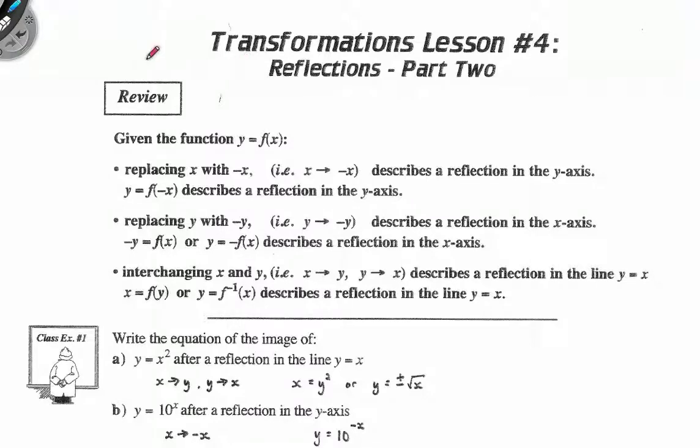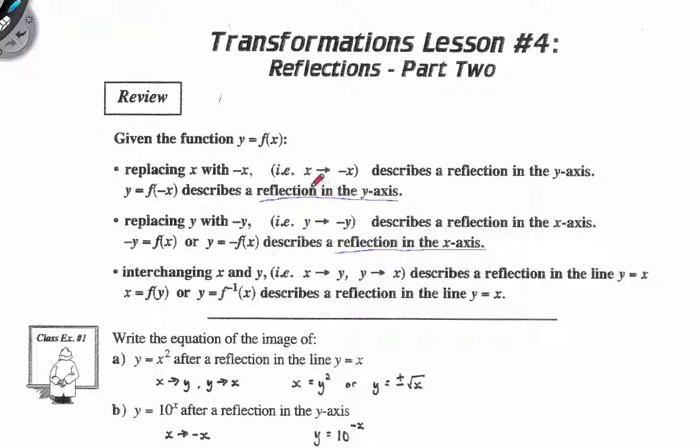Quick review here. Given the function y equals f of x, replacing x with negative x is a reflection in the y-axis. Replacing y with negative y is a reflection in the x-axis.